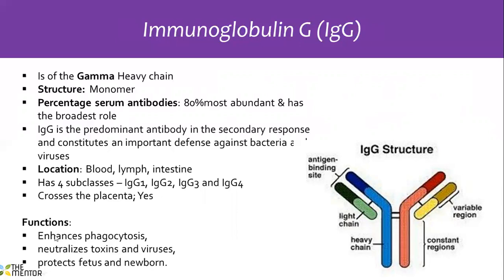The main functions: they enhance phagocytosis through opsonization, they neutralize toxins and viruses directly, and they offer protection to fetuses and newborns. That is just a brief overview, and you can easily understand IgG is very important.